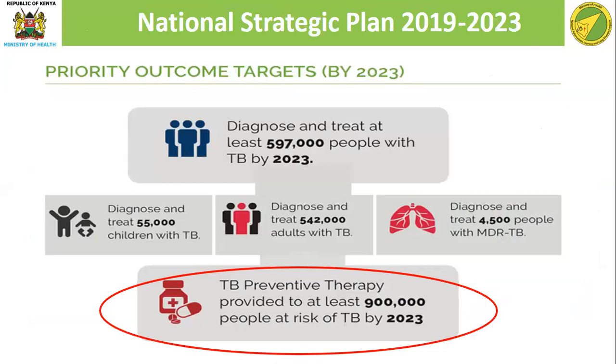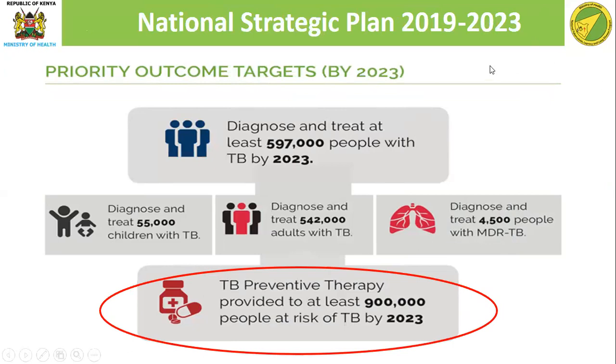So what you see here, we have what we call the National Strategic Plan for the program, which runs from 2019 to 2023. And we have a number of priority outcome targets by 2023. So the first target is to diagnose and treat at least this number of people for TB.